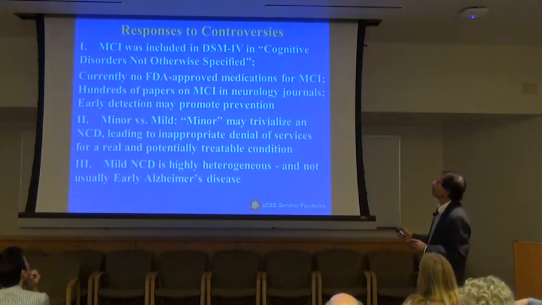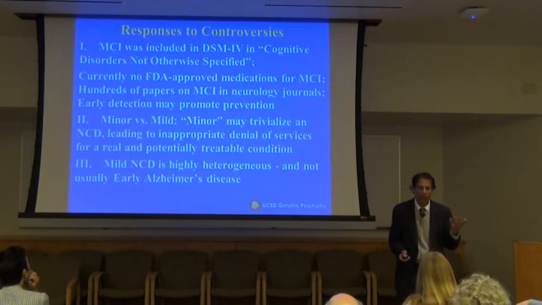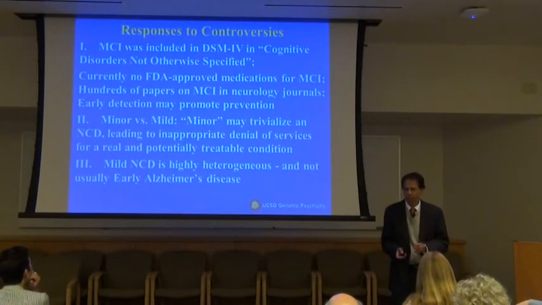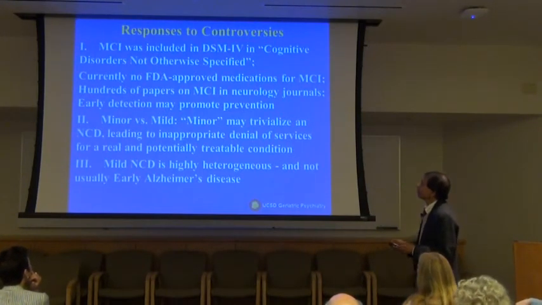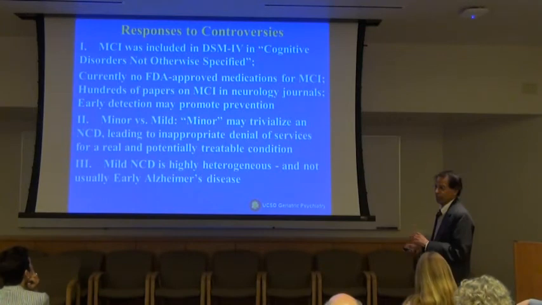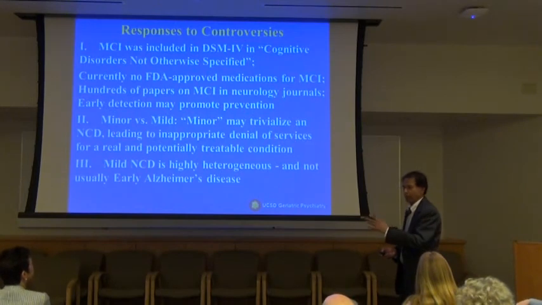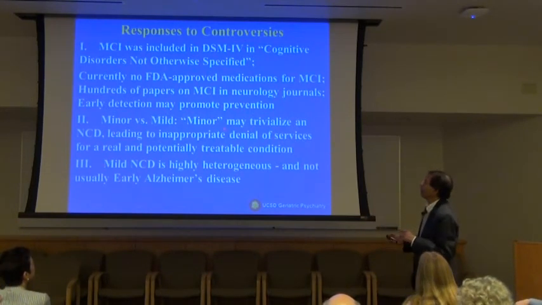So the first regarding this is conflict of interest. One thing is currently there is no FDA approved medication for mild cognitive impairment or mild neurocognitive disorder. So the criticism did not come from neurologists, because there are actually now literally hundreds and hundreds of papers on what is called MCI in the neurological literature, and in the neuroscience literature, in psychiatry, psychology.